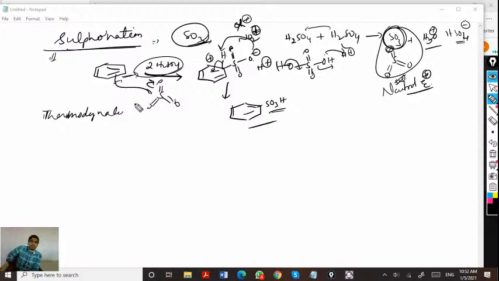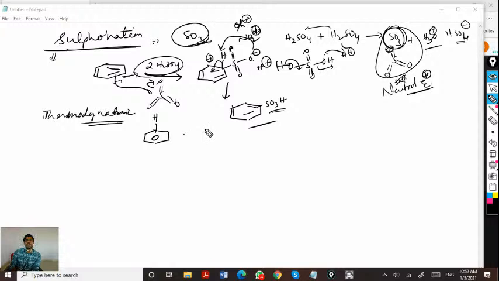Whenever it is a thermodynamic reaction, the isotopic effect will be more.